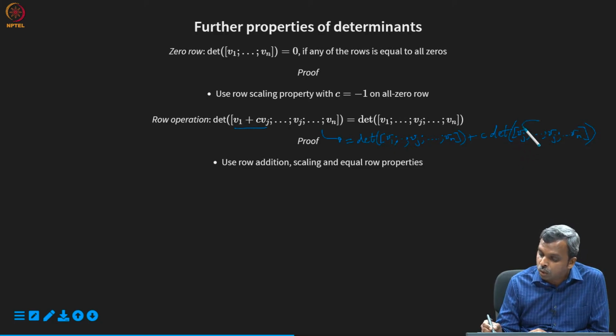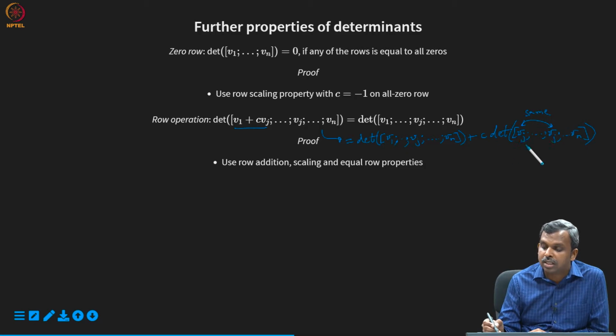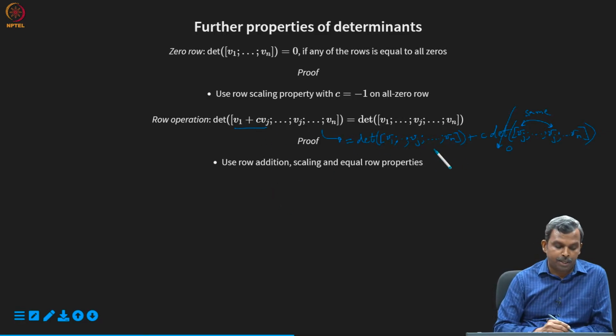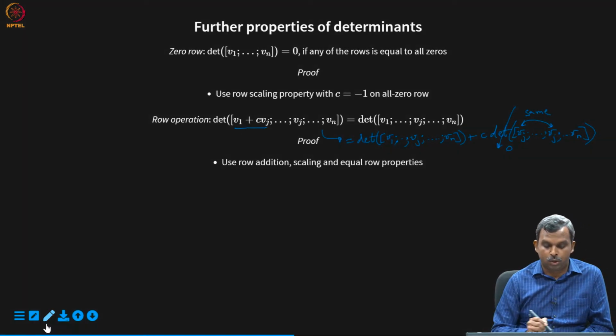Now here these two rows are the same. So if you have two rows the same, you have that last property of the determinant, so this whole thing goes to 0. So you see the determinant of this is the same as the determinant before the operation. So this row operation does not change the determinant. That's good to know.